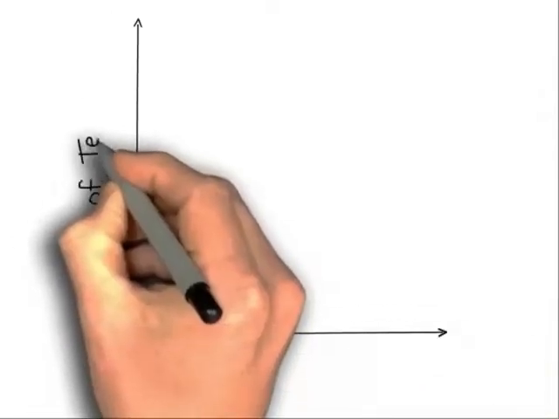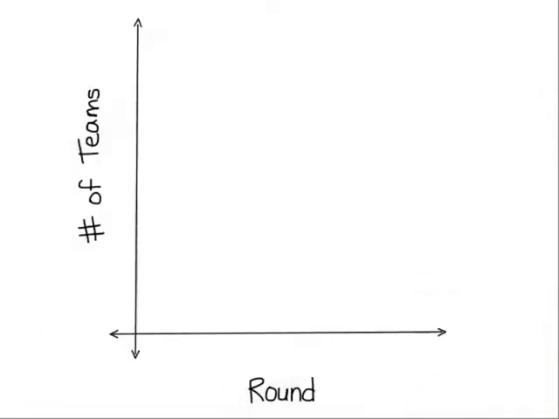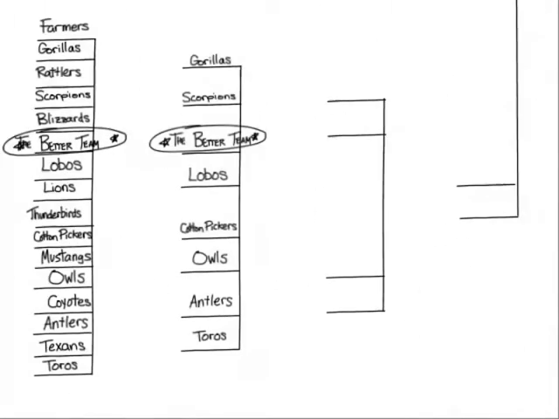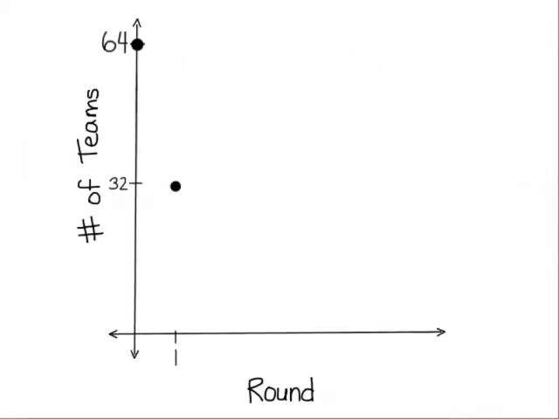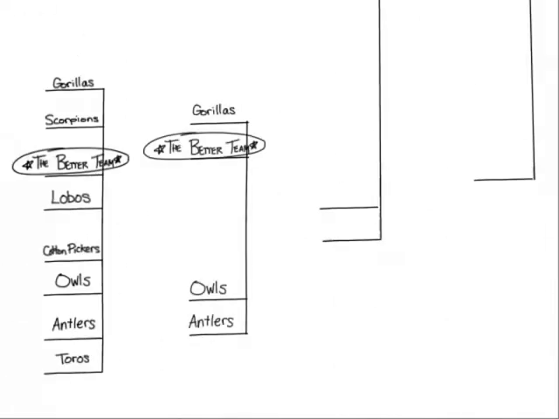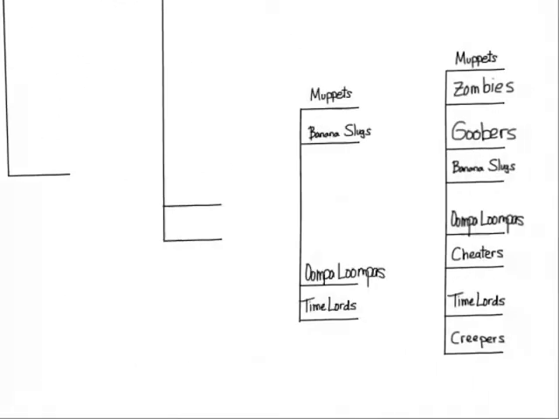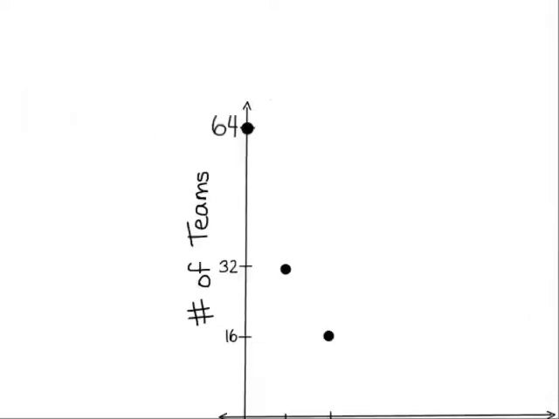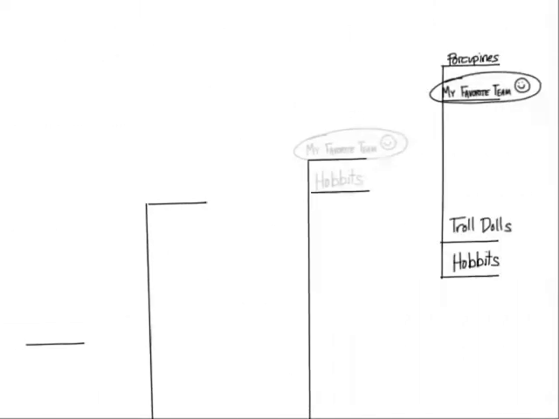There's 64 teams that start. So they each play a game. There's one winner for each game. Half as many teams still playing, so 32 teams left. Then they each play a game. Let's see. Only winners are left, so half of 32. That's 16. Yeah. And half of 6 teams are left.